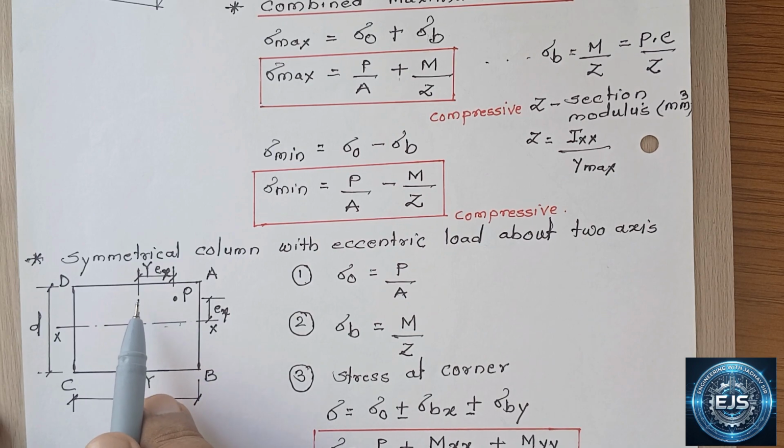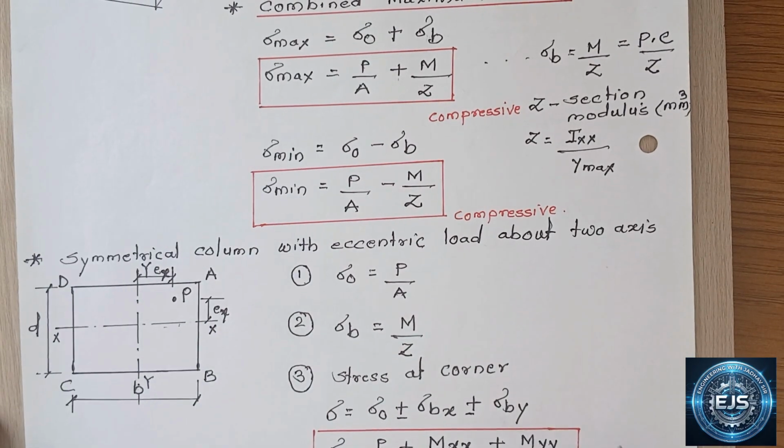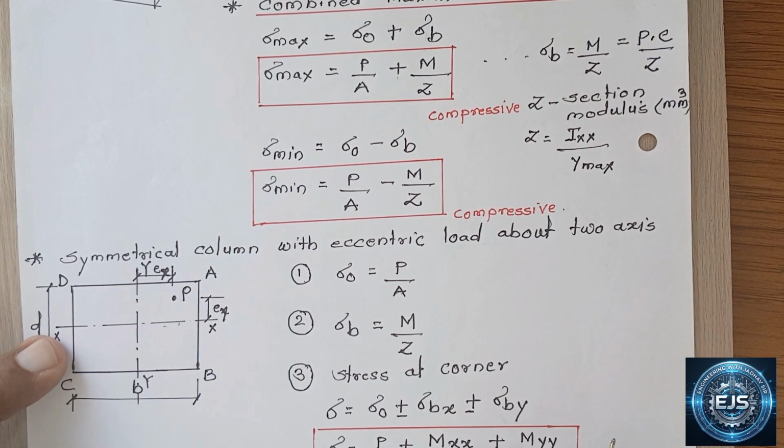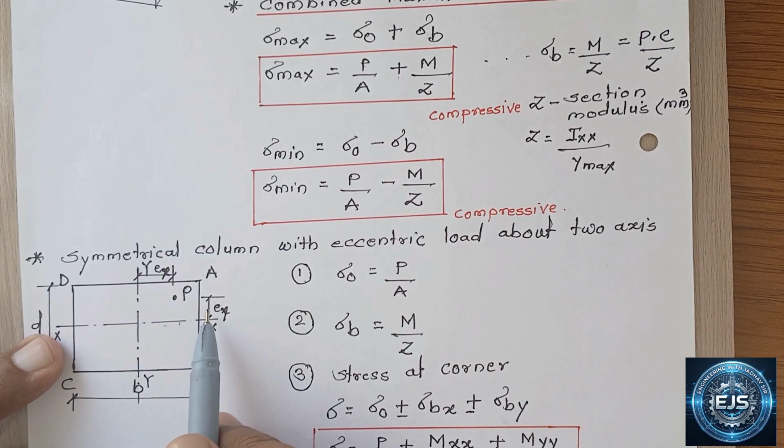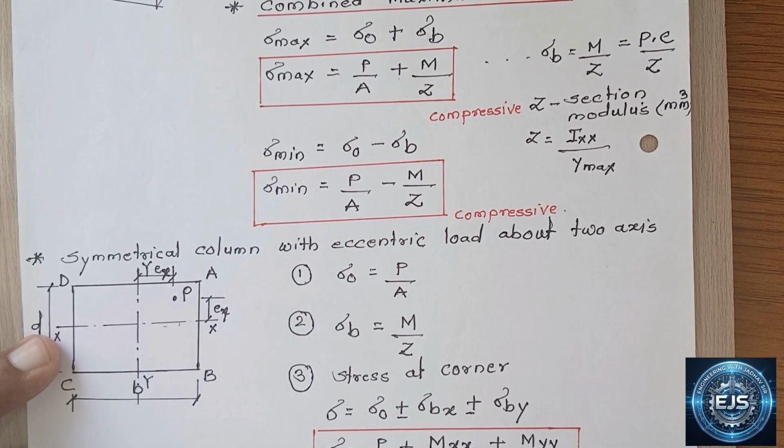EX क्यों denote किया हमने? Because it is a horizontal distance of load P from the y-axis. और ये distance EY क्यों बोला हमने? Because it is a vertical distance of the load P from the x-axis. That's why it is EY. So EX and EY are the eccentricity of the load P from the x axis and y axis respectively.